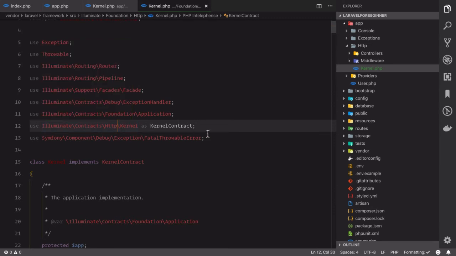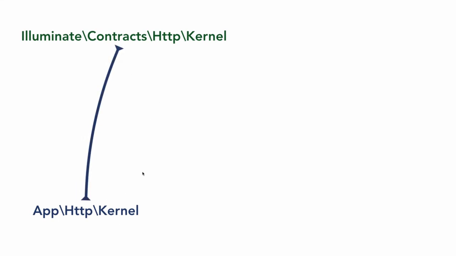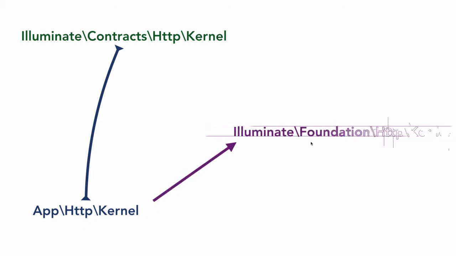So let's understand this in more detail. Here we have the contract file, and we are saying to the application, okay, swap this with app HTTP kernel. So whenever I'm talking about this, give me this. But this app HTTP kernel is extending Illuminate Foundation HTTP kernel, which is the actual file which implements this contract or this interface.